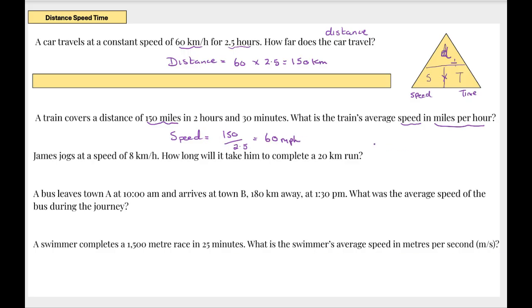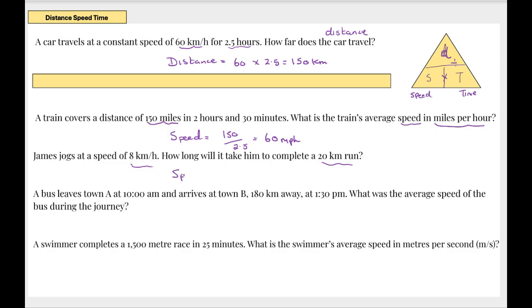So really the key part of understanding these kinds of questions is knowing this triangle and knowing when to apply which one it is. James jogs at a speed of 8 kilometers an hour. How long will it take him to complete a 20-kilometer race? So again, it's asking us how long it's going to take him to do it.